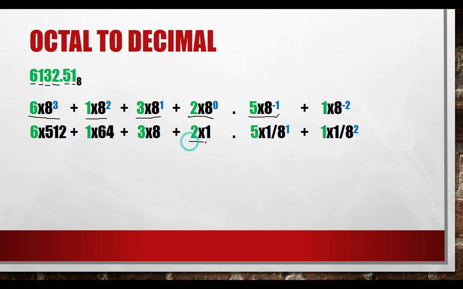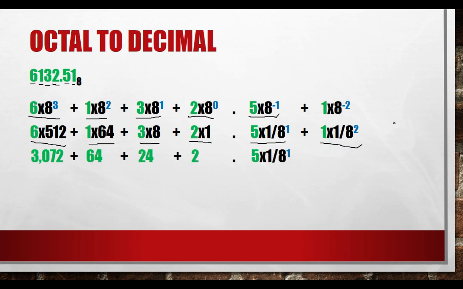So now let's proceed simplifying this. This becomes 2. This becomes 24. This becomes 64. And this becomes 3072. Now let's work on this part. This becomes 5 times 1 over 8. Let's continue. This becomes 1 times 1 over 64.